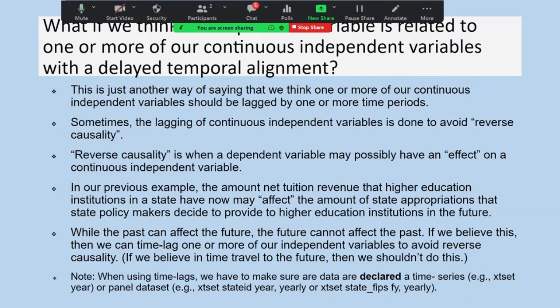So if they raised tuition in the prior year by a certain amount, we might give them less this year. So you see, that's reverse causation. In order to avoid this reverse causality, we would lag state appropriations 1 year.